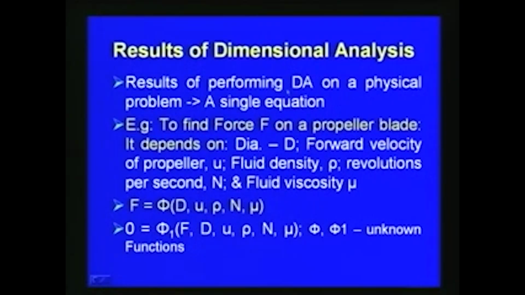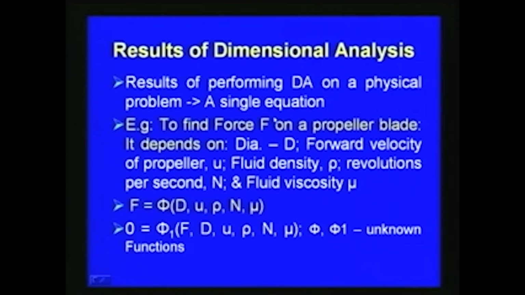Now, before going on to see the different methodologies of dimensional analysis, let us see what dimensional analysis gives, that is, the results of dimensional analysis. The results of performing dimensional analysis on a physical problem may be a single equation, or sometimes, depending upon the problem, more equations.